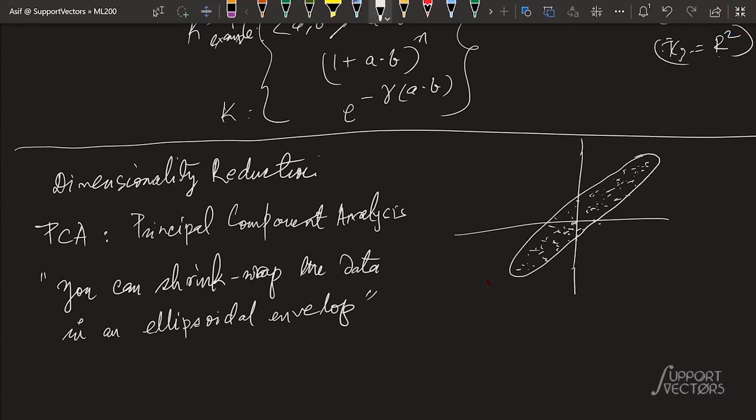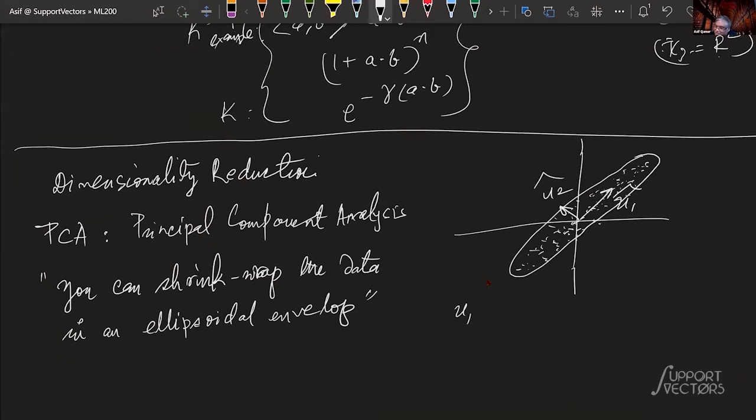You can do that. An ellipse has the major and minor axes, the principal axes. This is one axis, this is another axis. Let me call these axes U1, U2. Let me put unit vectors along that.